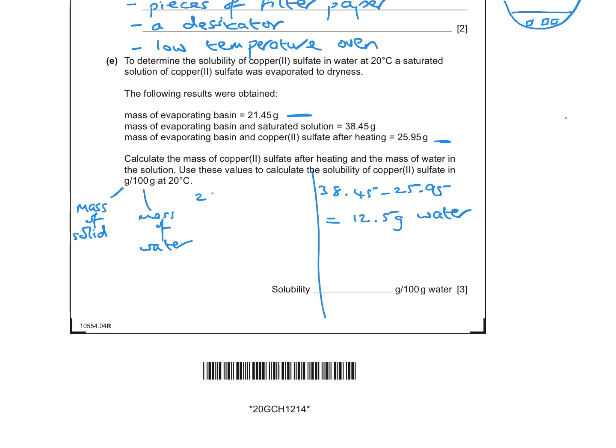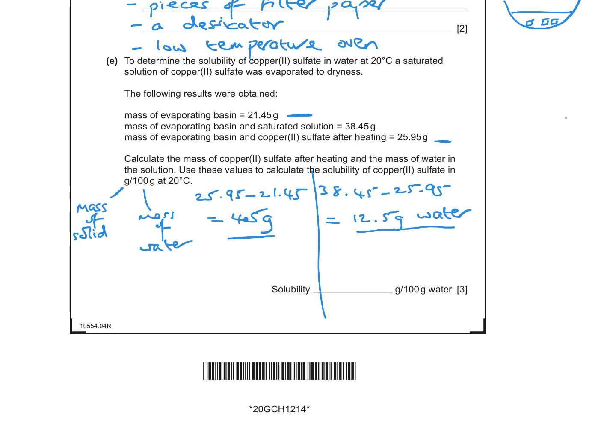So that's going to be 25.95 minus 21.45, and that equals 4.5 grams. So we've got 4.5 grams of solid in 12.5 grams of water.